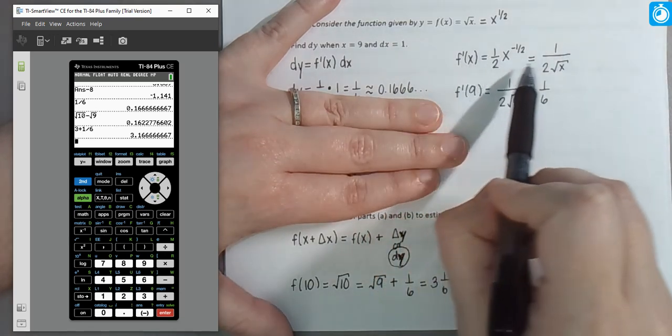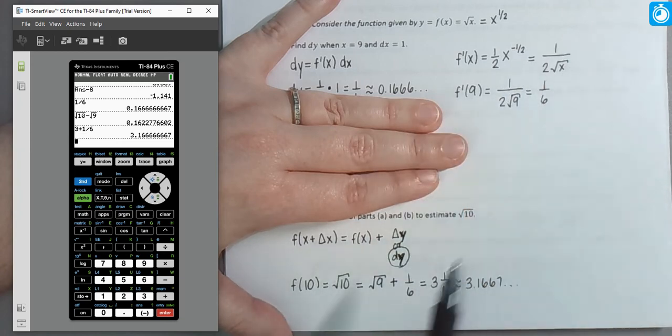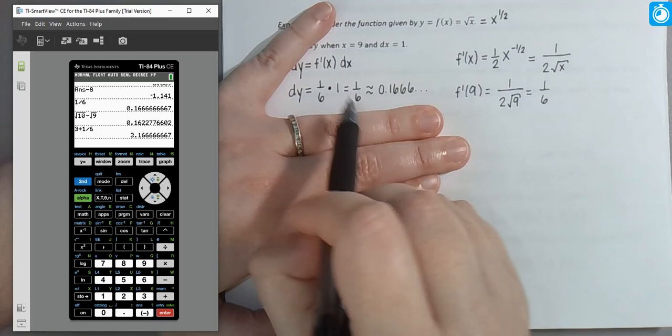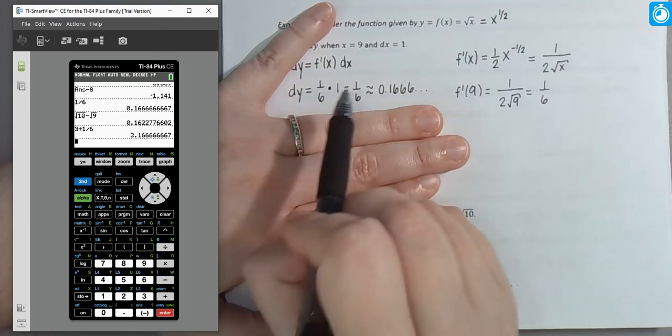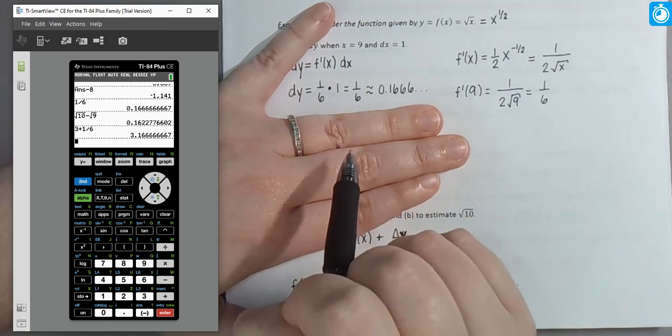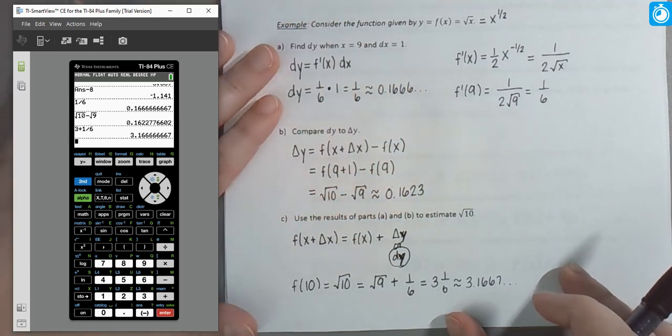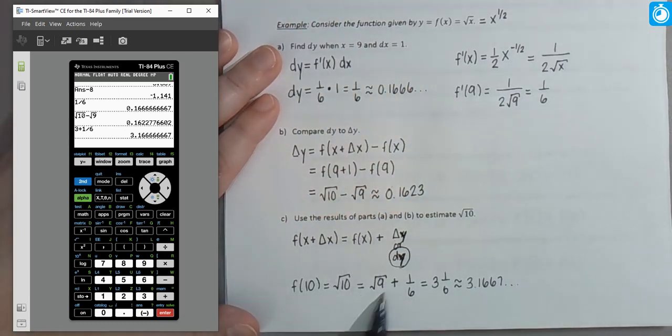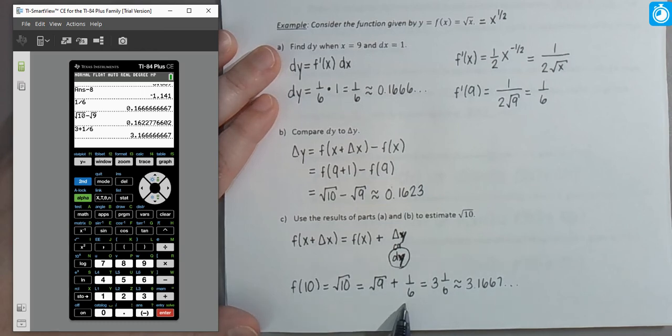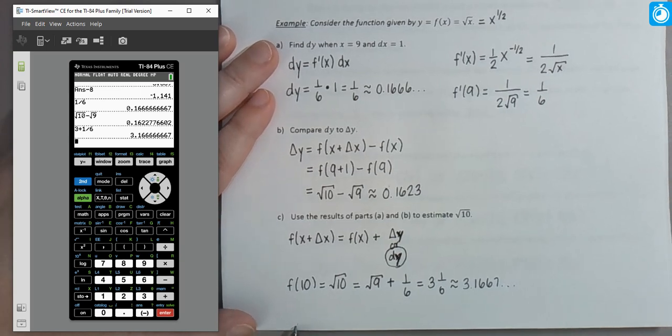So using the derivative, using this idea of the differential, this small amount of change that we determined exactly as 1/6, we can take a function value that we know, add on that small amount of change to take us to a very good estimation of a function value that we don't know, something like the square root of 10.